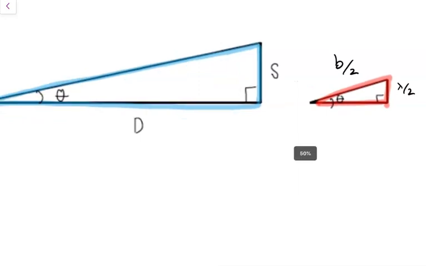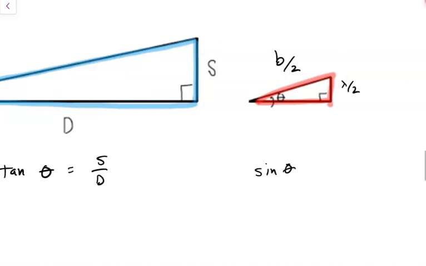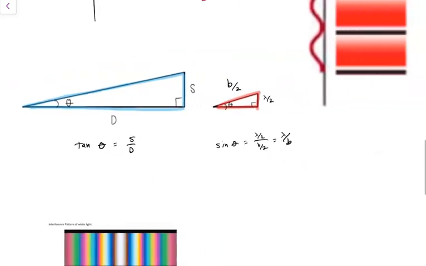So if we identify that tangent of theta is equal to s over d, sine of theta is equal to lambda over 2 over b over 2, which is just lambda over b. And then due to the small angle approximation, we said theta is about the same as sine theta, which is about the same as tangent theta.